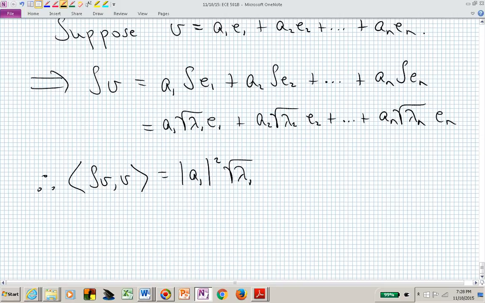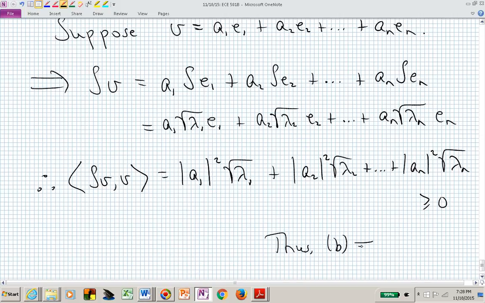And these E's are orthonormal, so we only have these component pieces from the coefficients of E1, E2, etc. So now we have the magnitude of A sub 2 squared times the square root of lambda sub 2, etc., up to the magnitude of A sub n squared times the square root of lambda sub n. And that is greater than or equal to 0.